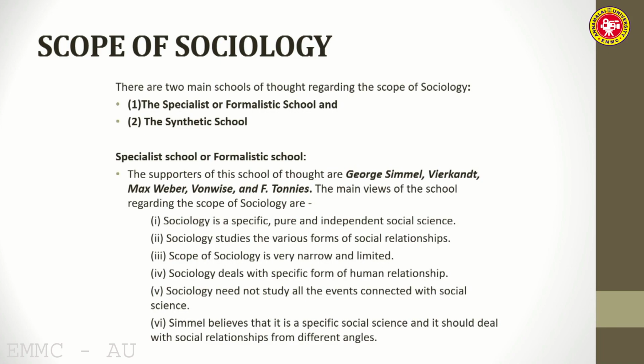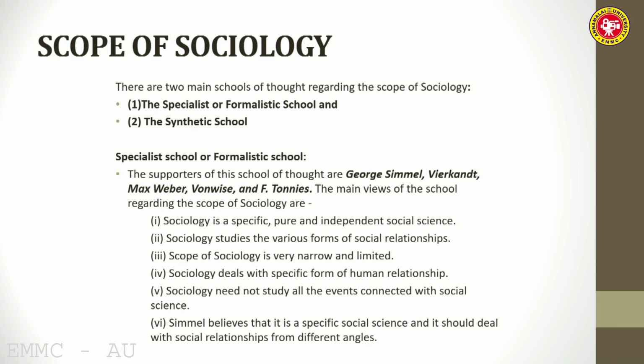Number 3, the scope of sociology is very narrow and limited. Number 4, sociology deals with a specific form of human relationship. Number 5, sociology need not study all the events connected with social science.